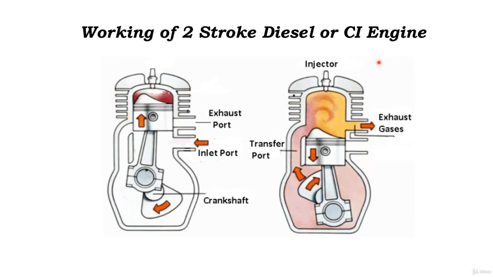So I hope you have understood why we call it an SI engine and a CI engine. SI engine because the ignition is taking place because of the spark plug, so we gave the name SI engine, spark ignition, and CI engine, the ignition is taking place during the compression, so we call it compression ignition engine.